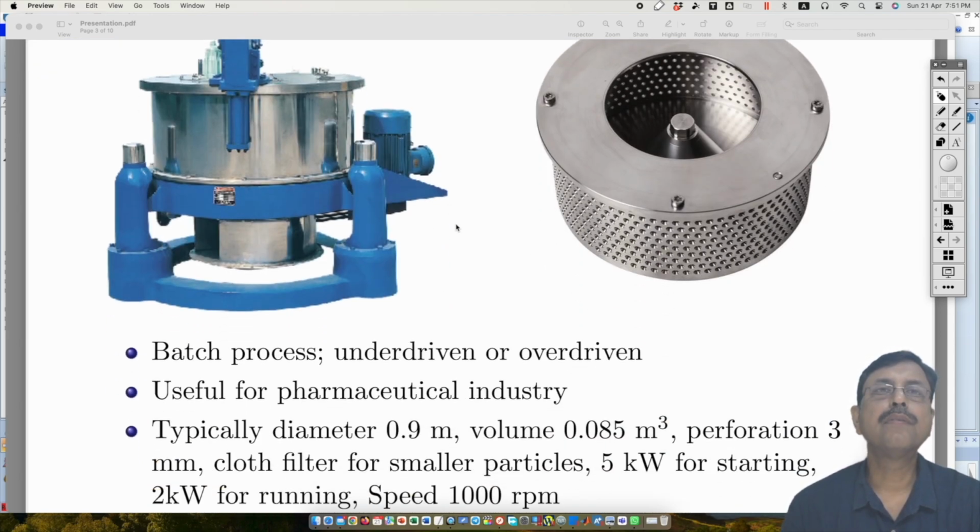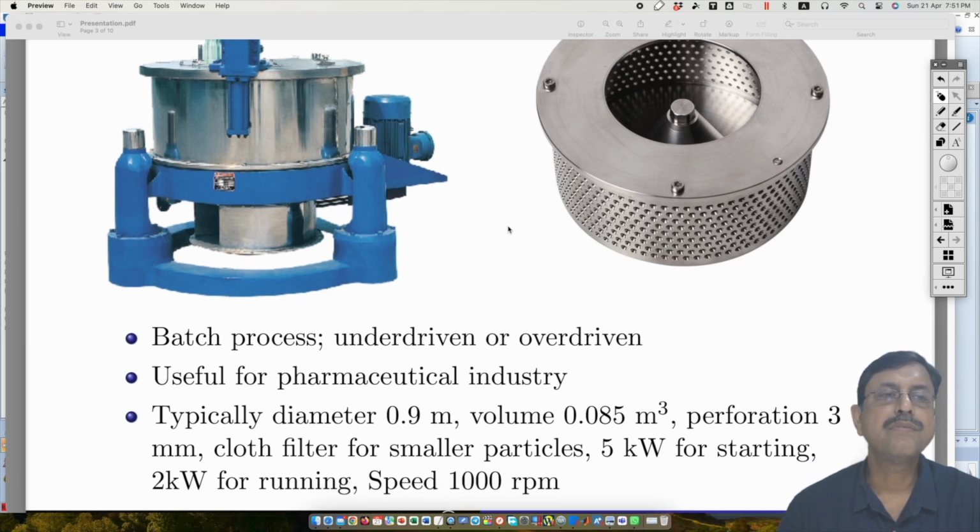This kind of centrifuge is very much active in pharmaceutical industries. And a typical perforated basket centrifuge will have a diameter of 0.9 meter, a volume may be 0.085 meter cube, the perforations may be around 3 millimeter, and I have already said the cloth filter is there for smaller particles.